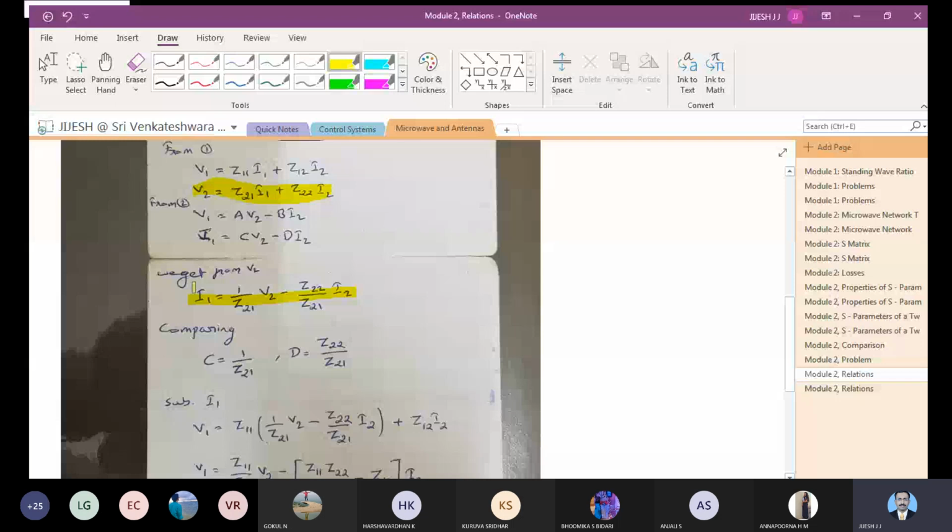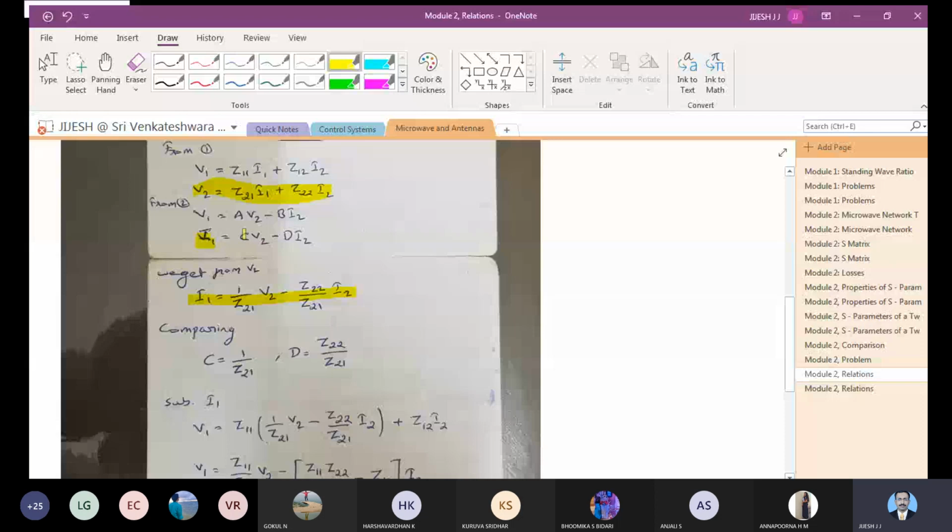Now we will compare the equations. This equation is in I1 and this equation is also in I1. So we are going to compare these two equations. When you compare them, you can see that both are in I1, this is in V2 and this is in I2.